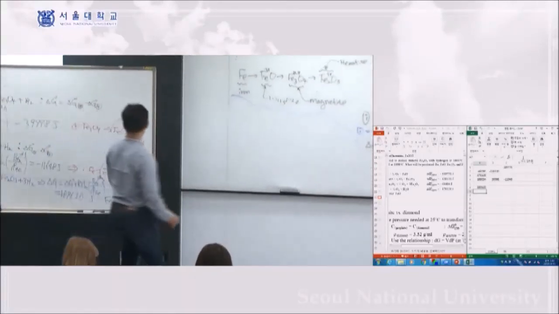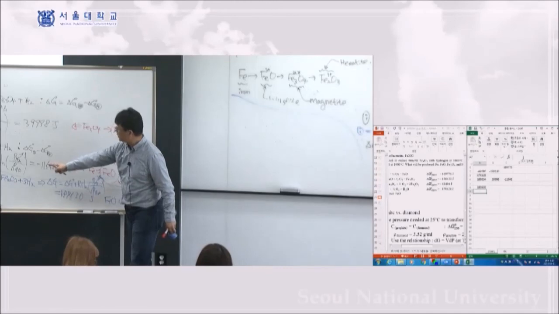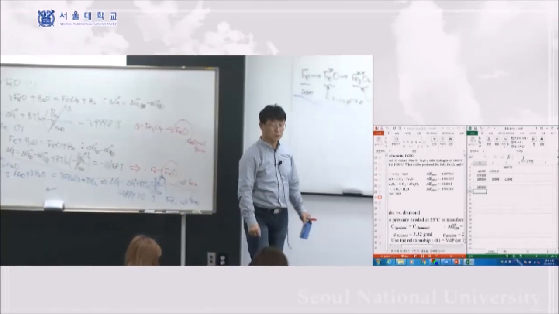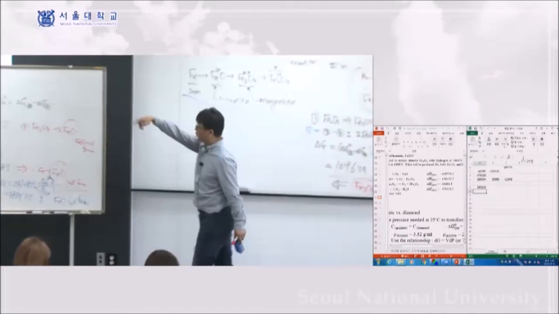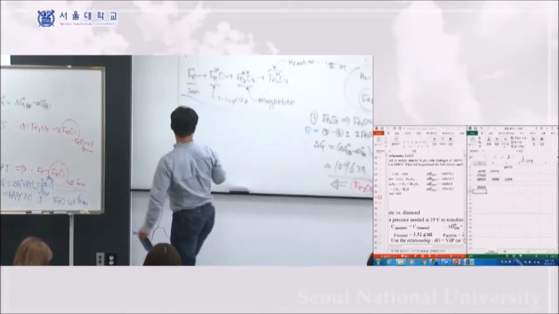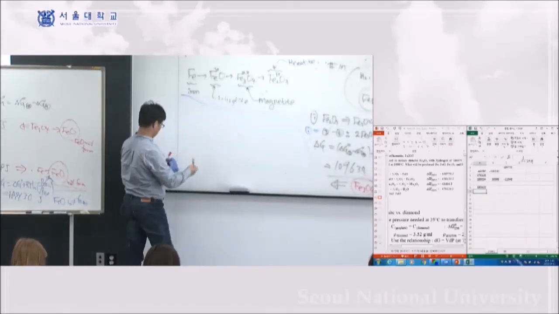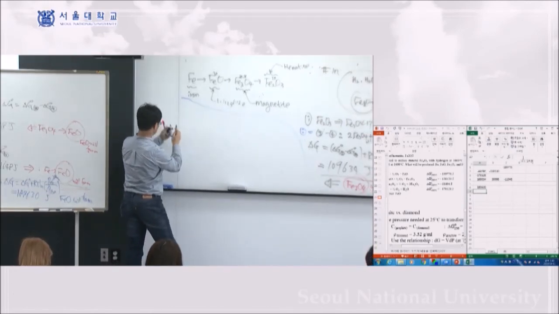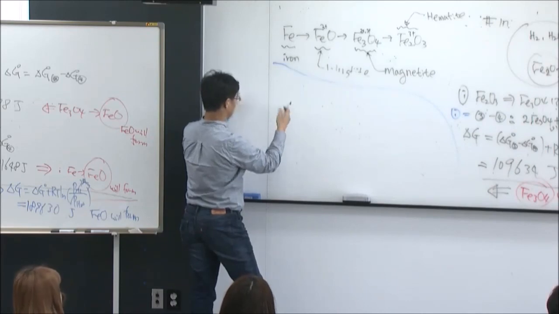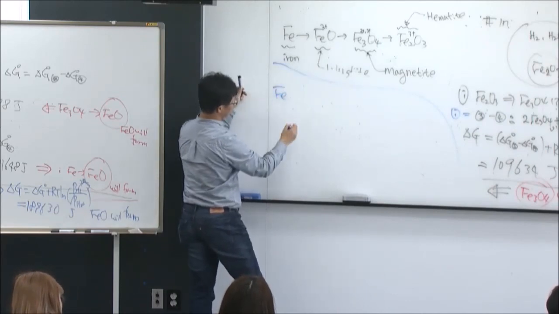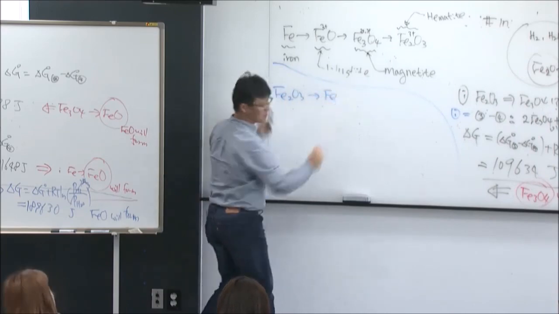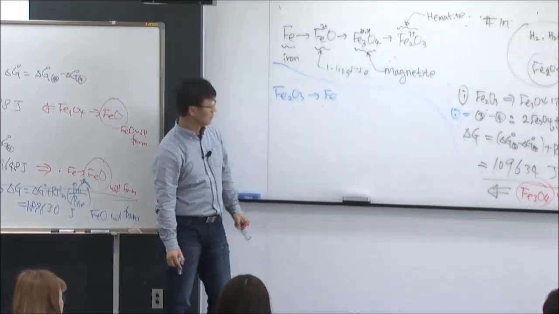And then, now how about Fe2O3 become Fe metal directly? Okay, so now we have to combine all these equation, and then Fe, so this one, okay?